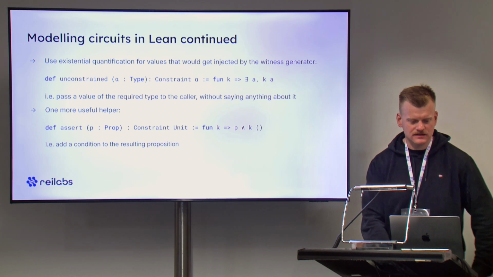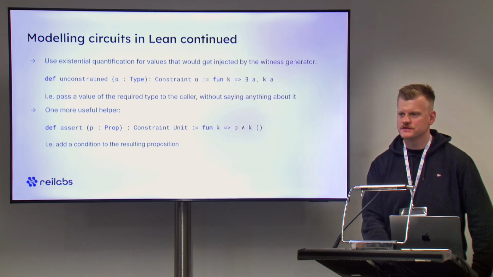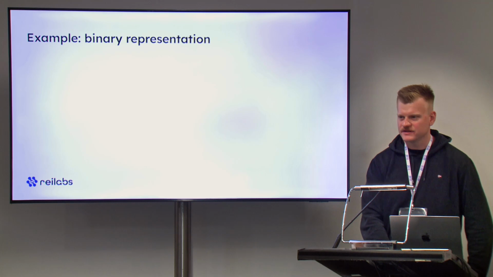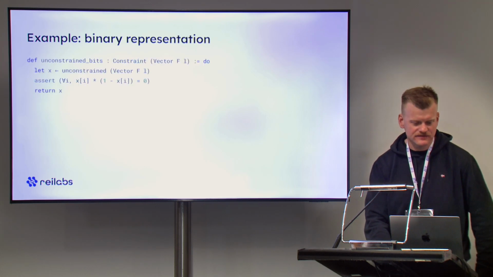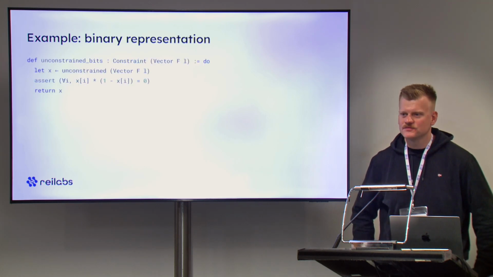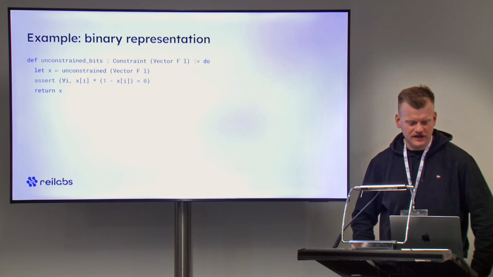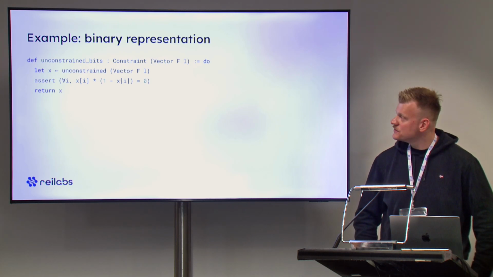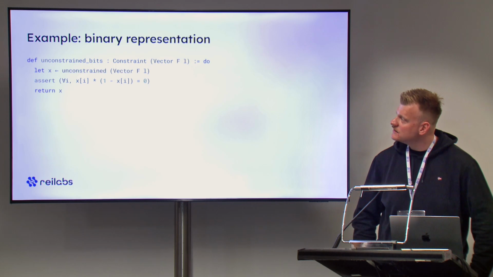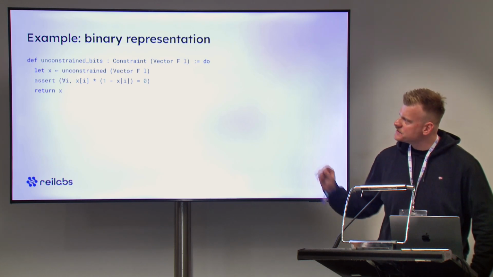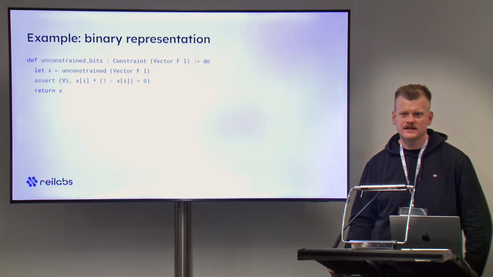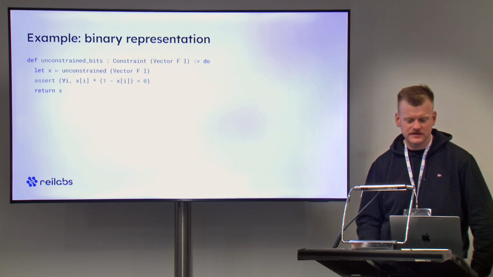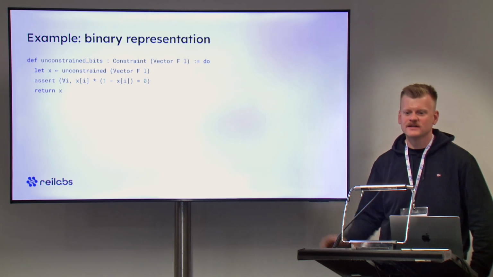Okay, let's look at how we can actually use this to do something. Let's go back to binary representations. So the first definition we have of a subcircuit is going to be unconstrained bits. So you can see on the first line, this is using do notation, which is like a syntactic nicety. If you are into programming languages, it's a monad.